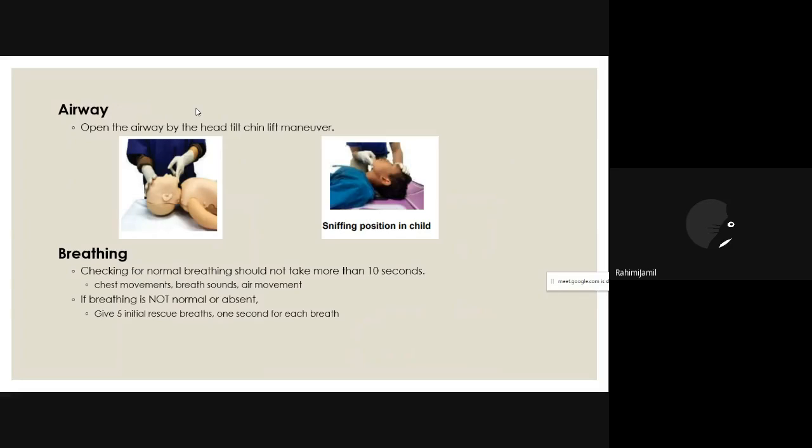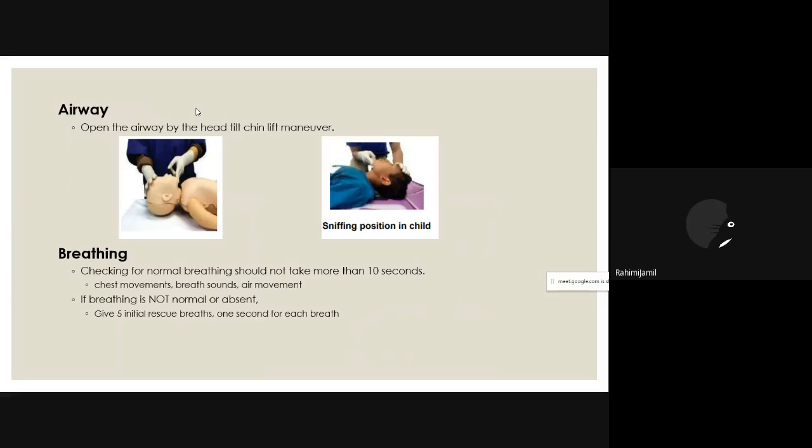Then for breathing, checking should not take more than 10 seconds. We check for any chest movement, any breath sound from the patient's nose or mouth, and check for air movement on your cheek.